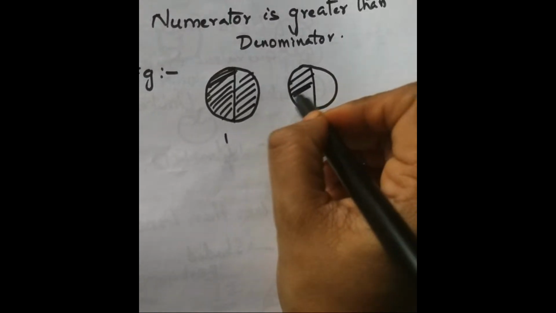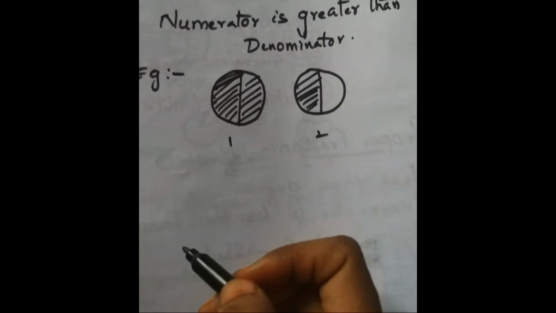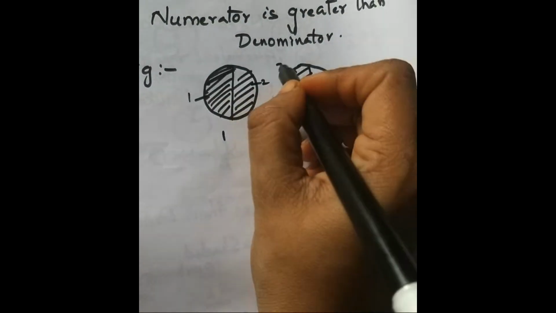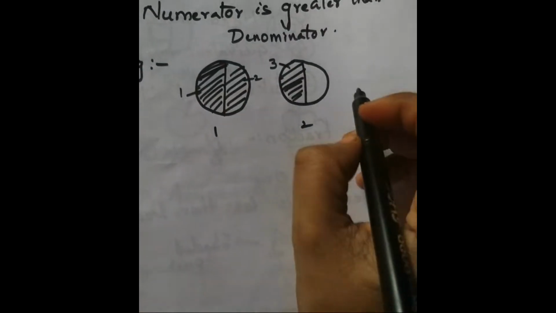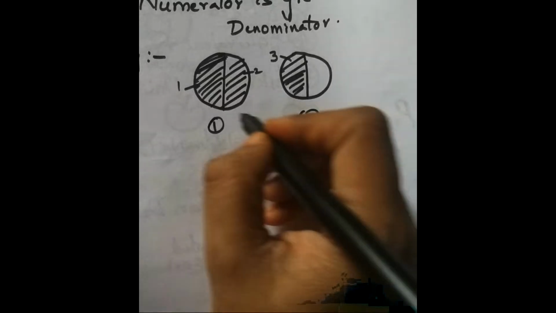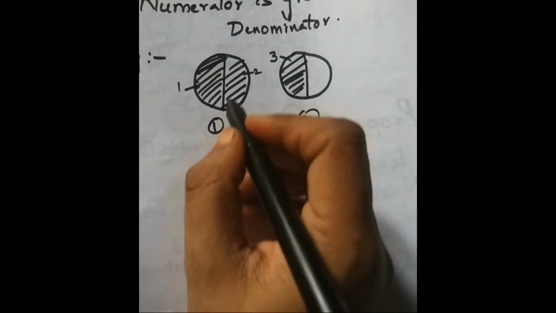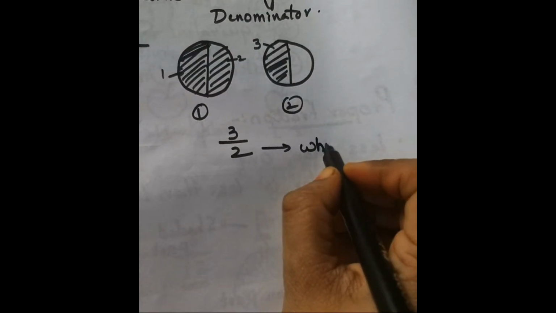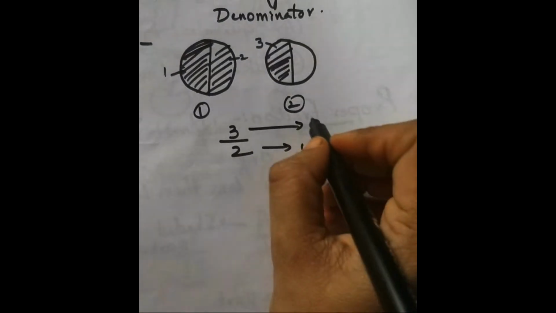These three parts, 1, 2, and 3, are shaded, and each whole is divided into 2 parts. Therefore, this is represented as 3 by 2. 2 is the whole part, and 3 is denoted as the shaded part.